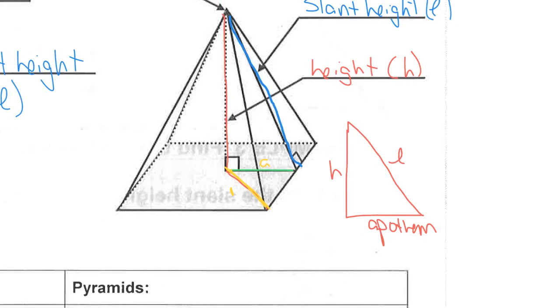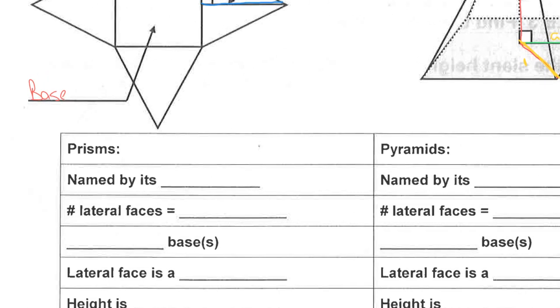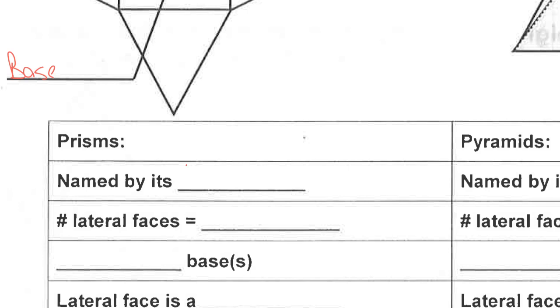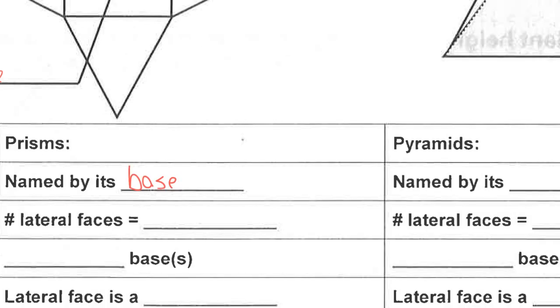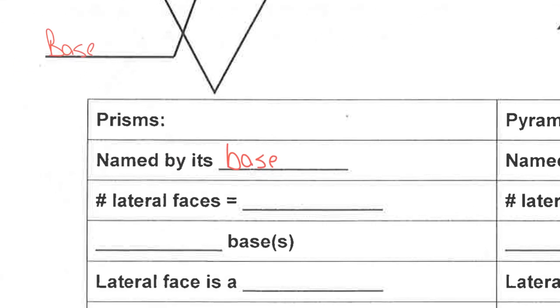But right now, let's kind of look at the differences between prisms and pyramids. So there's some similarities and there's some differences. On the prism, it's named by its base, which is exactly how we name a pyramid. So you look at the shape of the base, and then you put pyramid or prism on the back. The number of lateral faces, now remember these are the walls, depends on the number of sides on the base.